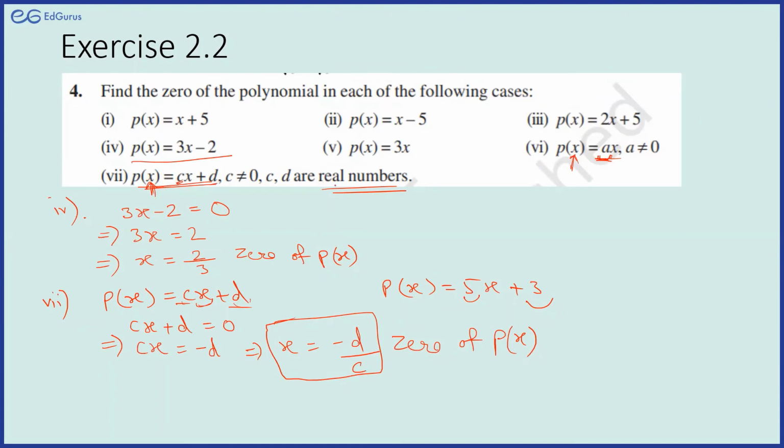They are some real numbers, they have said. Okay, so don't get confused by the letters. Look at the inside the brackets to identify what is the variable here. Okay, so जो भी variable है वो यहाँ पर लेफ्ट हैंड साइड में लिखा हुआ है उन्होंने, बाकी चीजें कॉन्स्टेंट्स हैं. ठीक है?